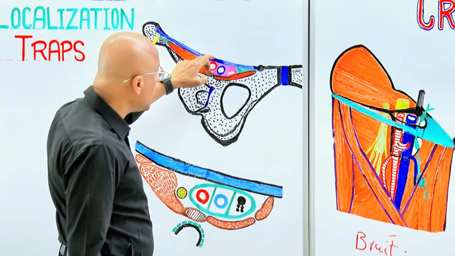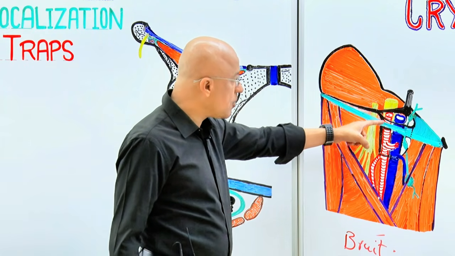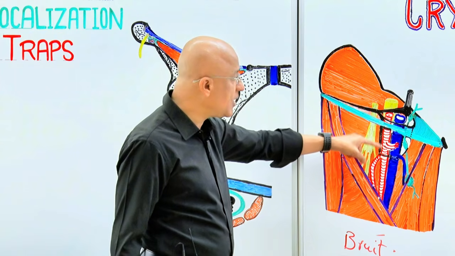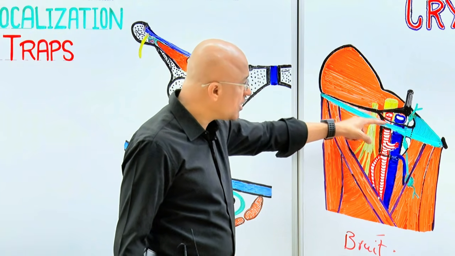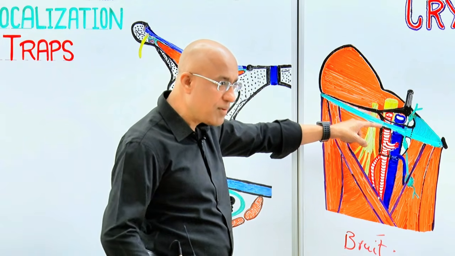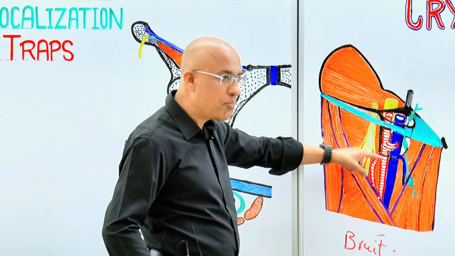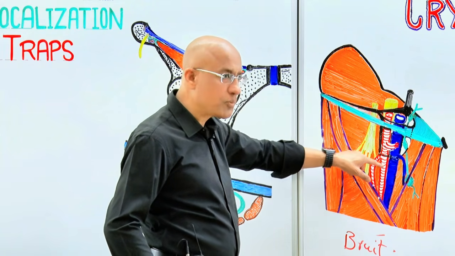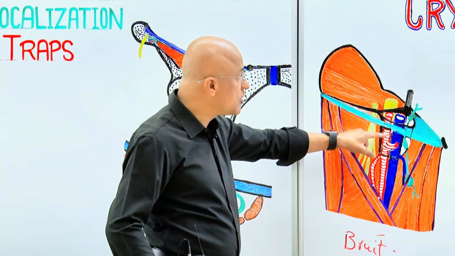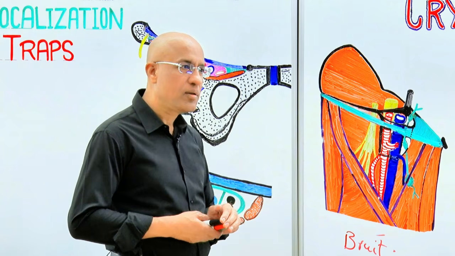It should be below the inguinal ligament, but above the bifurcation of the common femoral artery into profunda and superficial branches, and it should be anterior to the medial head of the femur.